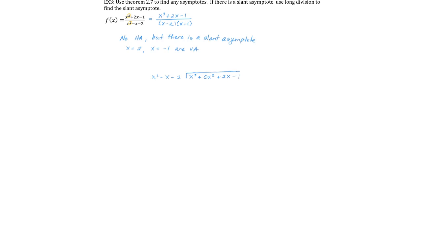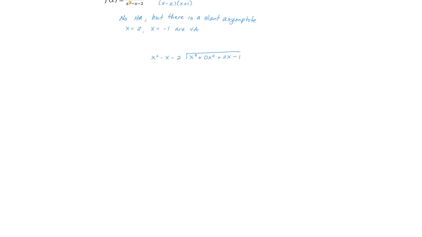Okay, so now the long division is that we would multiply the x squared minus x minus 2 by x to get x to the third minus x squared minus 2x. So whenever you do long division, you subtract down. After subtracting, I'm going to have x squared plus 4x and bring down the negative 1.